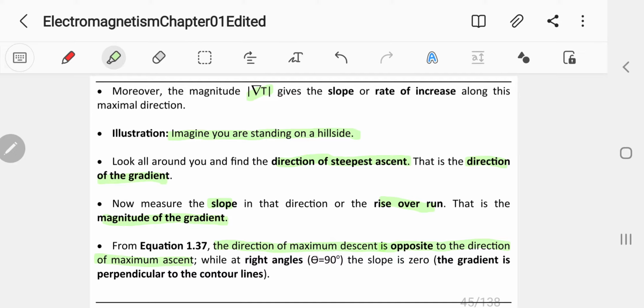So when theta is equal to 90, the slope is 0. This means that the gradient is perpendicular to the contour lines.